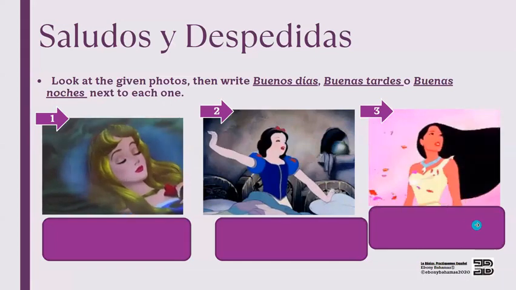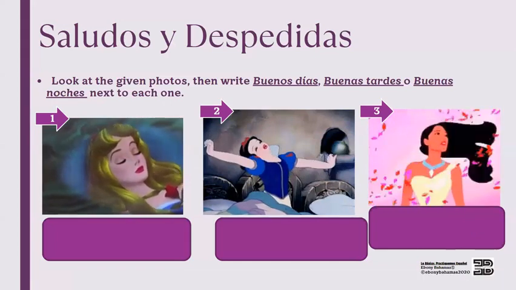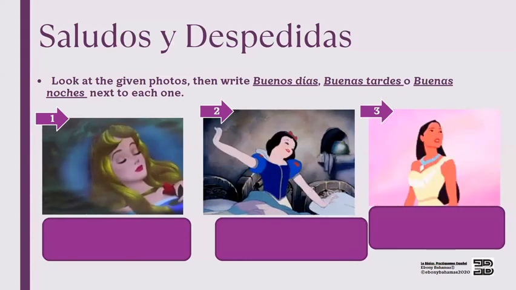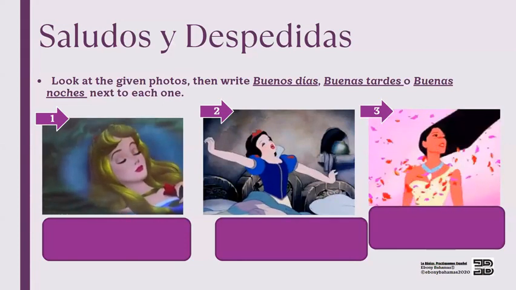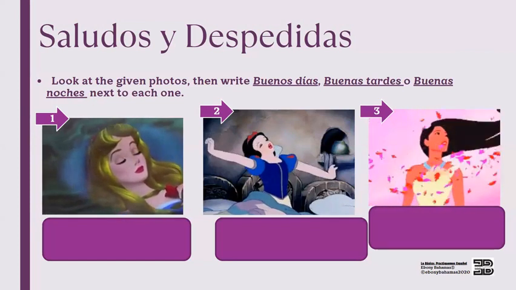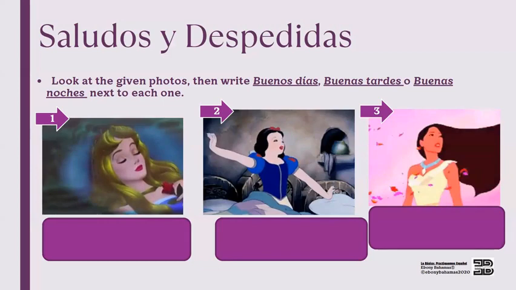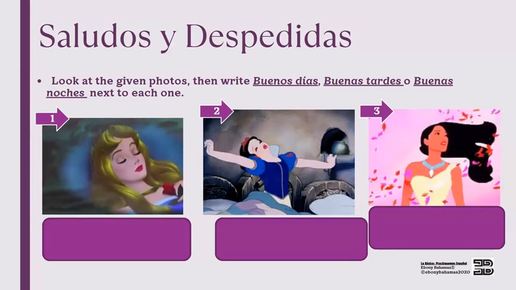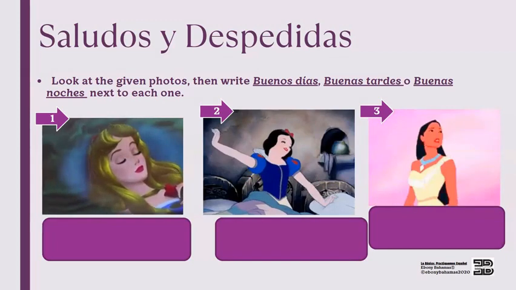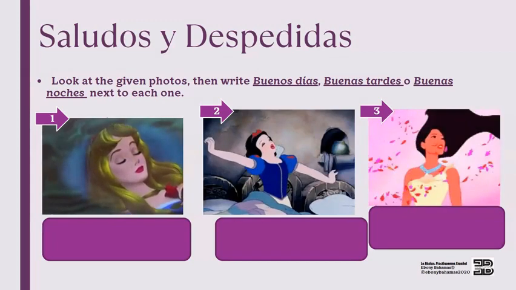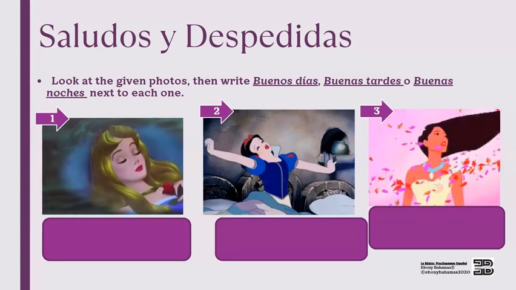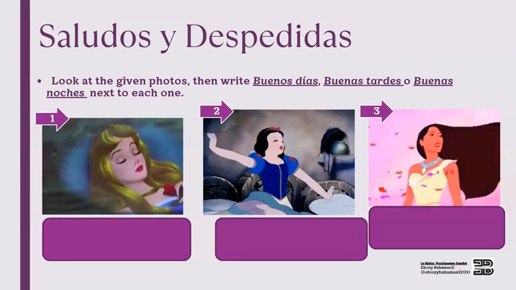All right, so let's look at this again. You can look from the picture and tell what time of day this is representing. Buenos días, buenas tardes, or buenas noches. You can raise your hand and let me know who wants to answer 1, 2, or 3. Asia, I see your hand up. Which one do you want? Number 1. What do you think that is? Buenas noches.